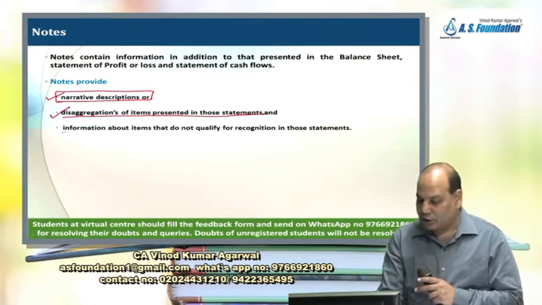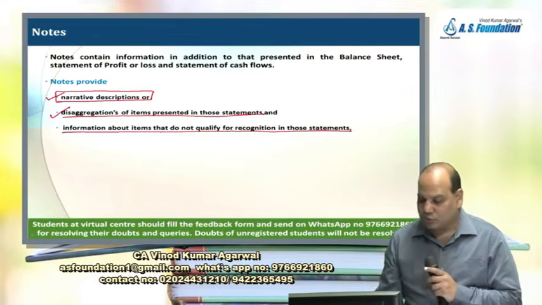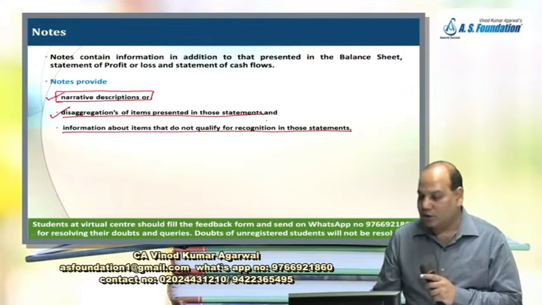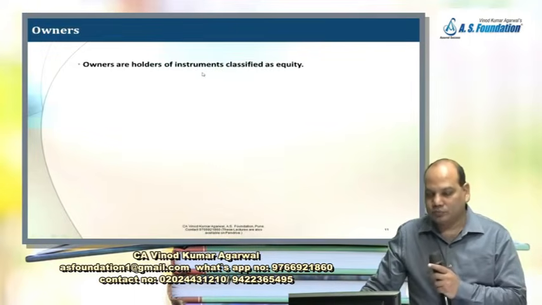Okay. And information about items that do not qualify for recognition in those statements. So any other information which will not be appearing in SOFP, SOPL, statement of cash flow can be given in the notes.